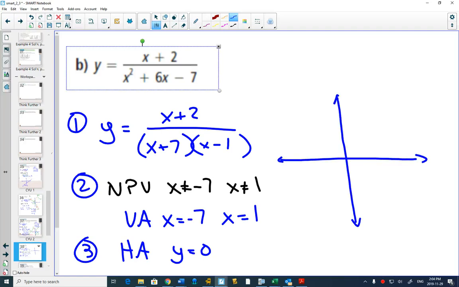So start off your graph by adding in your asymptotes. We have a vertical asymptote at x equals 1 and one at -7, and a horizontal asymptote at y equals 0.